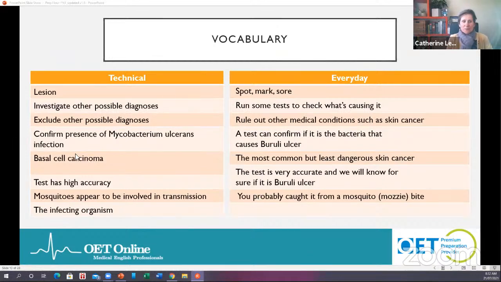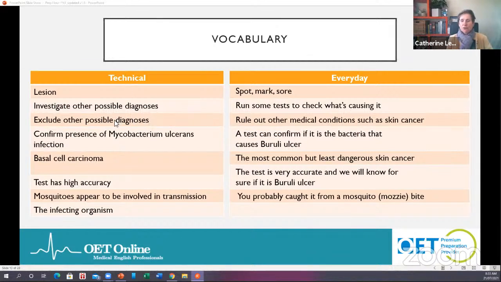All right, and the last one, the infecting organism. That's a nice explanation. I believe that there are some sort of bugs which have a role in spreading this condition. Nice.